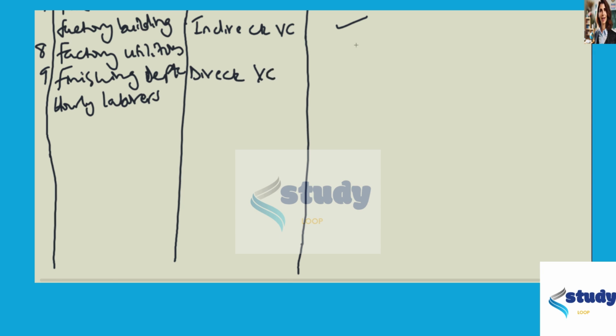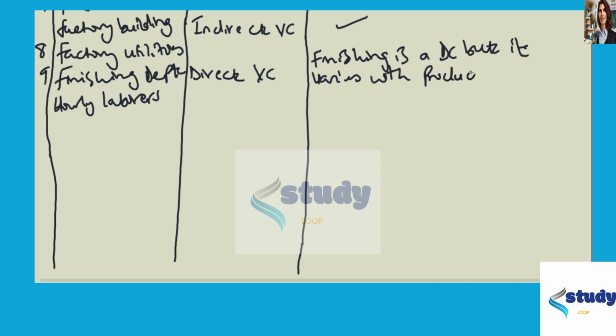Finishing is a direct cost, and it varies with production. That's why it is a direct variable cost.